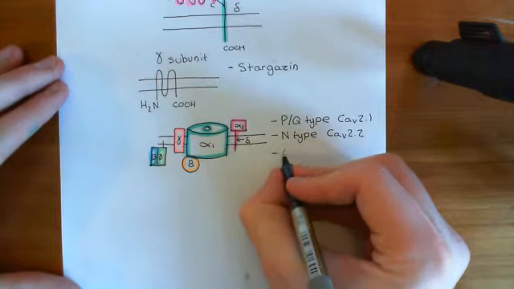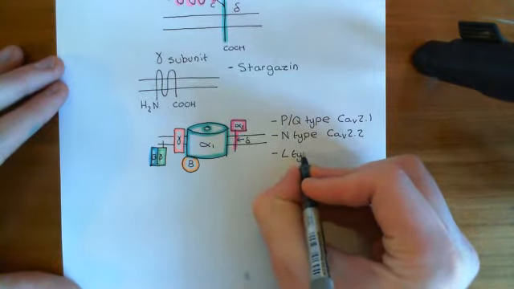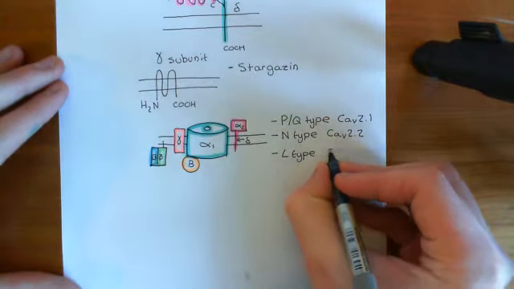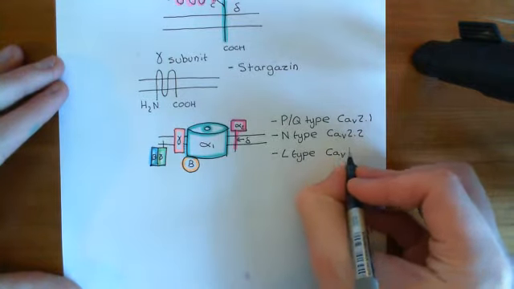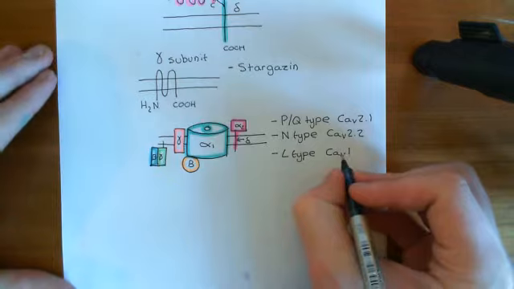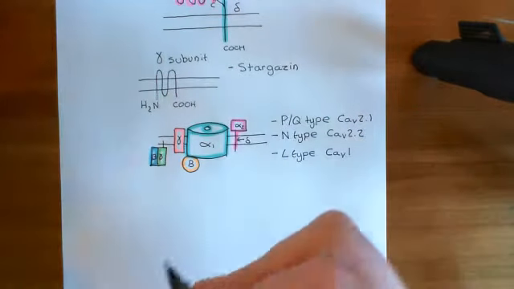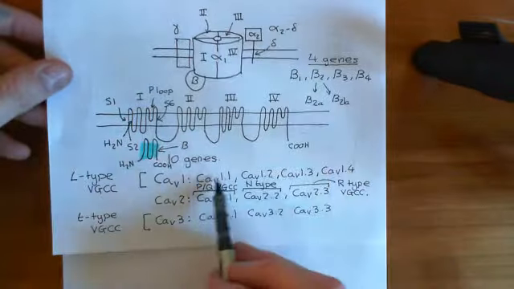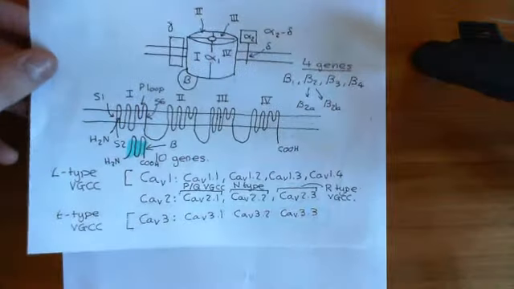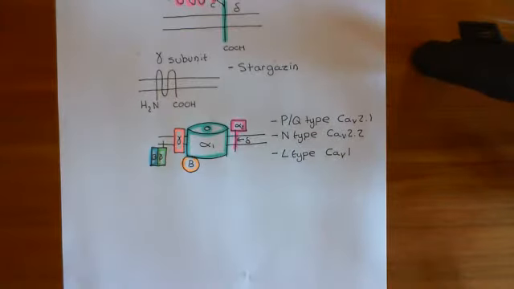And then finally they can also do it for L-type voltage-gated calcium channels, which, remember, are any voltage-gated calcium channels where the alpha subunit is any one of the four genes in the CaV1 family of alpha subunits. Any one of those four there, and you will be called an L-type voltage-gated calcium channel. So this beta-gamma subunit can actually inhibit quite a few of these voltage-gated calcium channels.